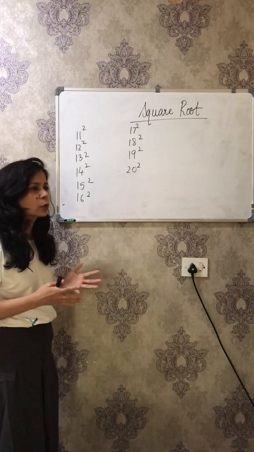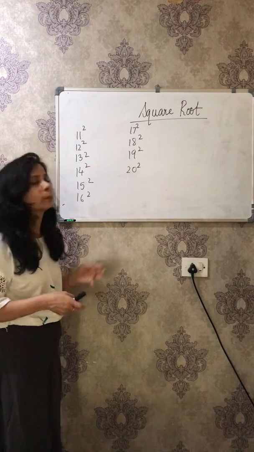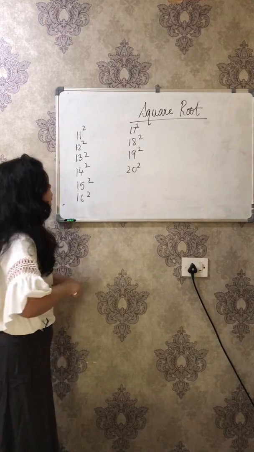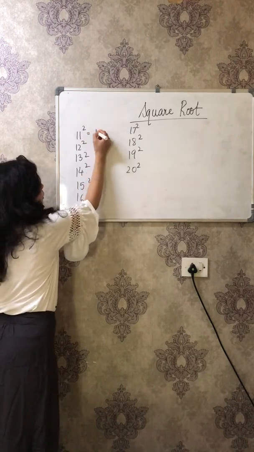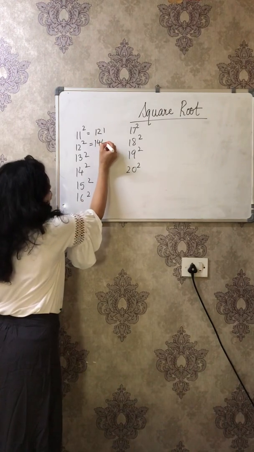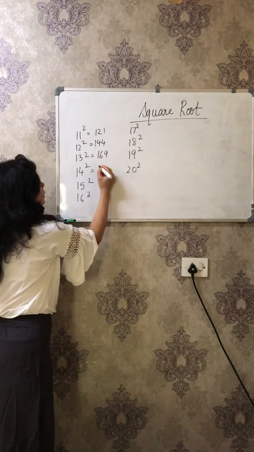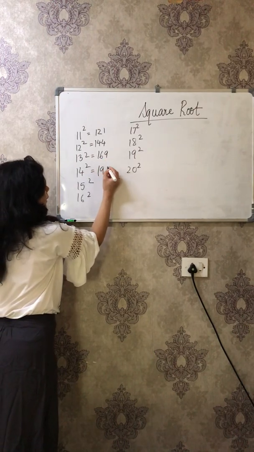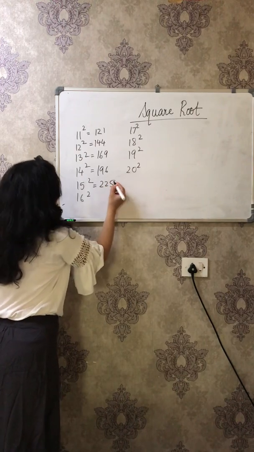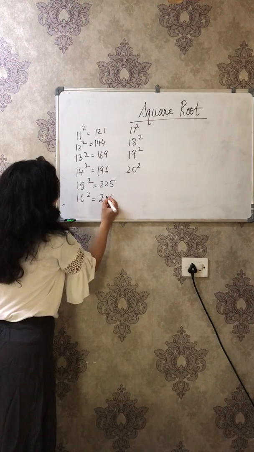Either you can just memorize it or with some clue you can try to remember, but I will suggest that you just memorize it. 11 square is equal to 121. 12 square is equal to 144. 13 square is equal to 169. 14 square is equal to, reverse of that, 196. 15 square is equal to 225, and then 16 square, first you put 6 here and then 256.